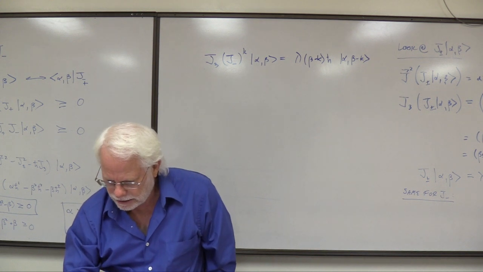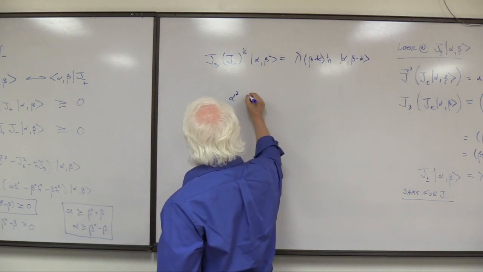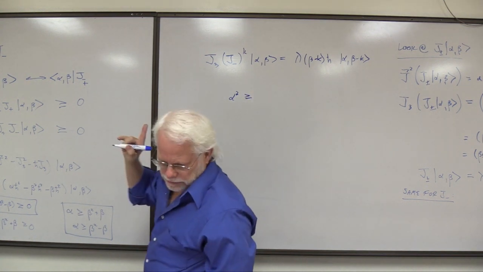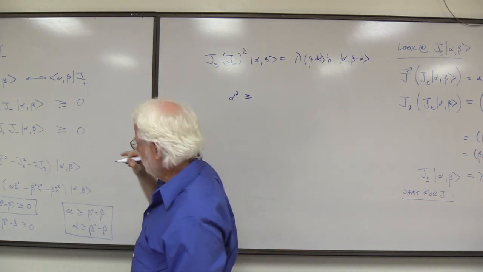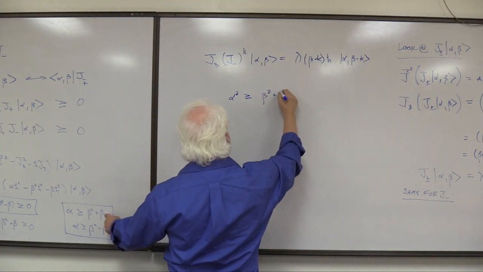I'll show you. We have to have alpha greater than or equal to beta squared plus beta.